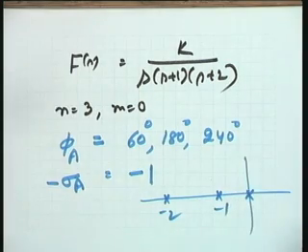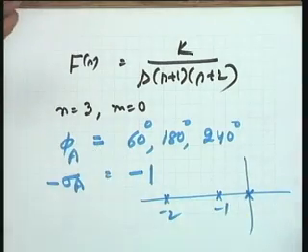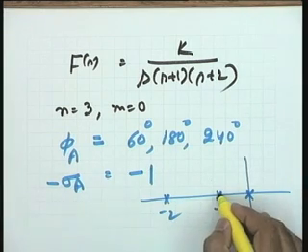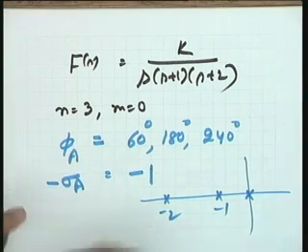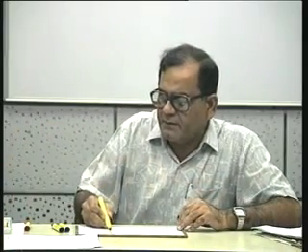There are no zeros, so you have minus 3 divided by 3, which turns out to be minus 1. So the point from which the angles 60 degrees, 180 degrees, 240 degrees are measured is the minus 1 point. Though the rules are not complete, and I don't claim that on the basis of the available rules you can make a sketch, at least you will appreciate the sketch I make.